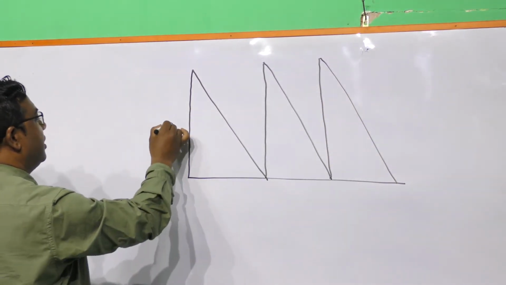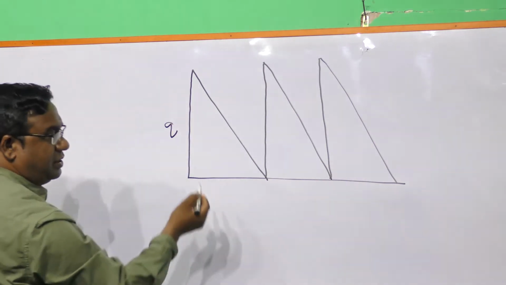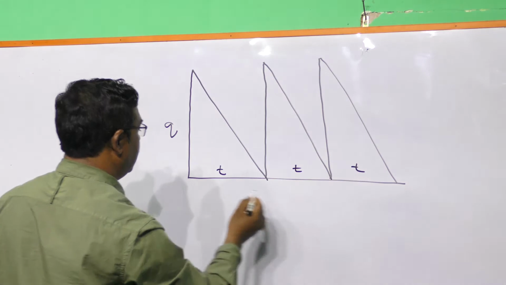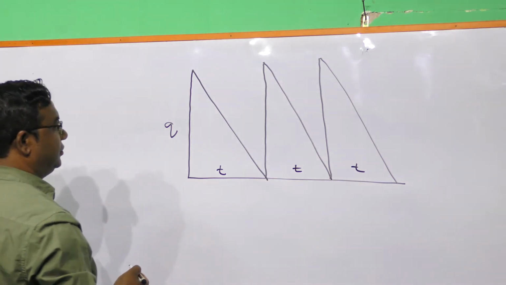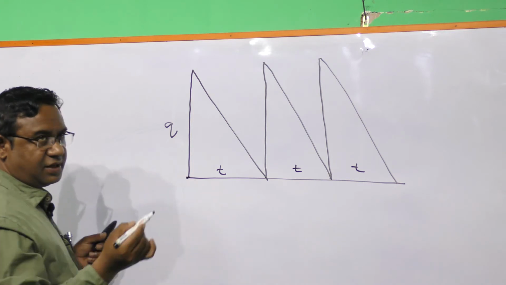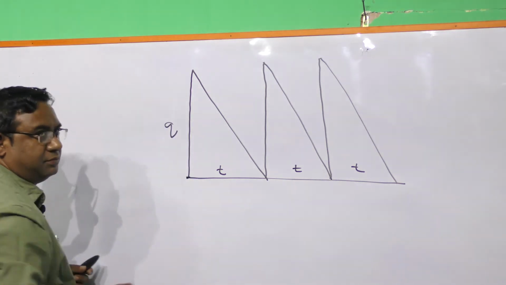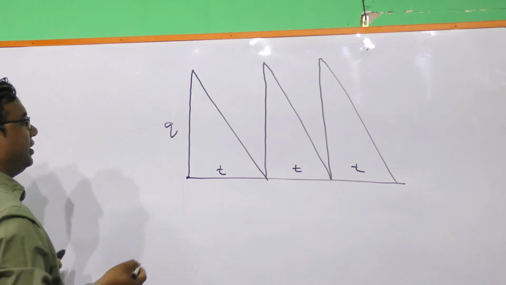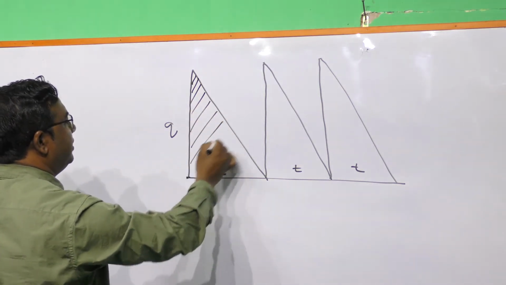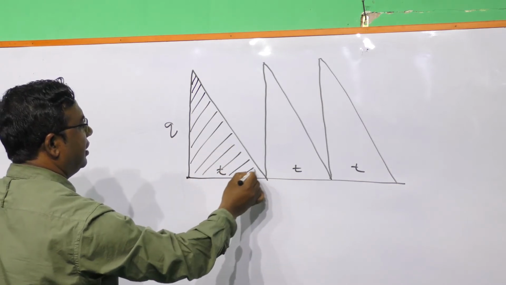Q is the size of its run, T is the time interval between successive runs. In this model, the production is instantaneous with an infinite production rate. Then this triangle represents the inventory level.